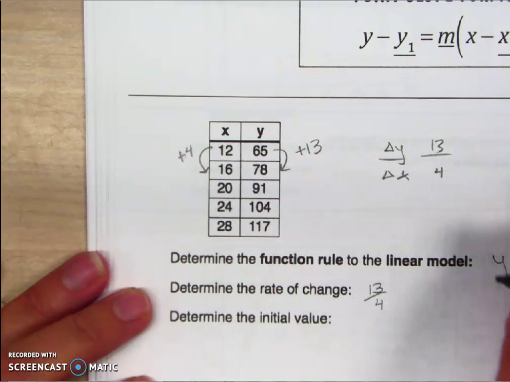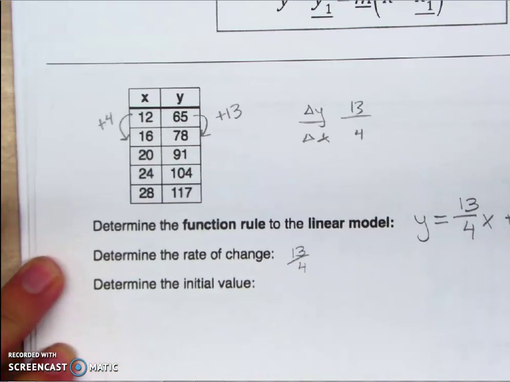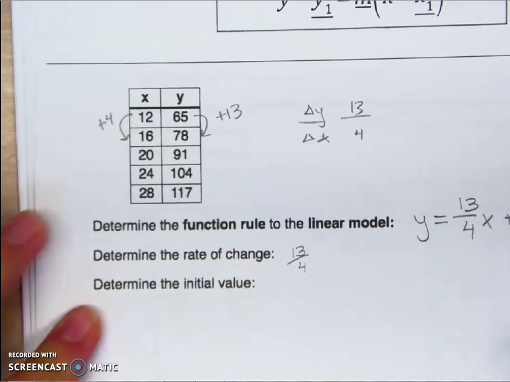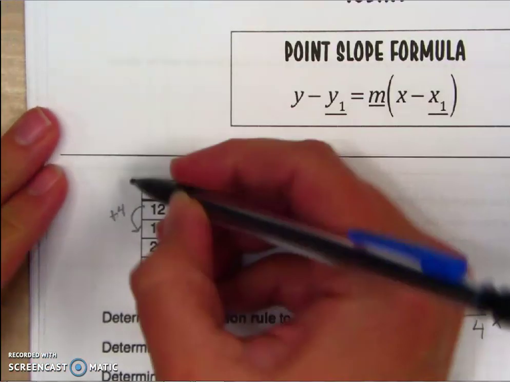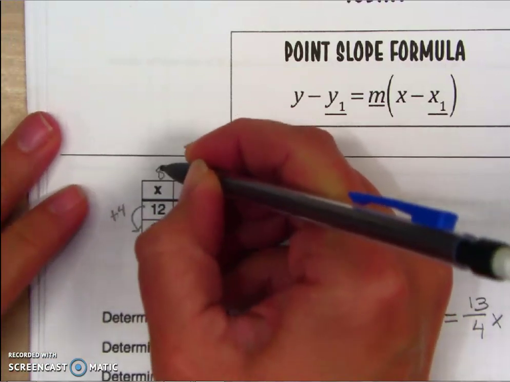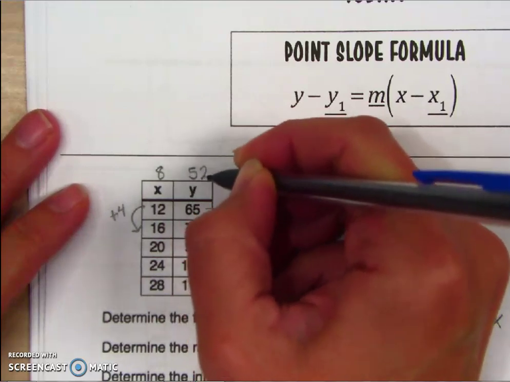So I know my equation starts y equals 13 fourths x. I just have to figure out where it started. So that might take a little while. On this one, I'm going to show you how to work backwards. If we know it was adding 4, what if we go backwards? We know that if we subtract 4, this would have been 8. And if we take away 13, this would have been 52.